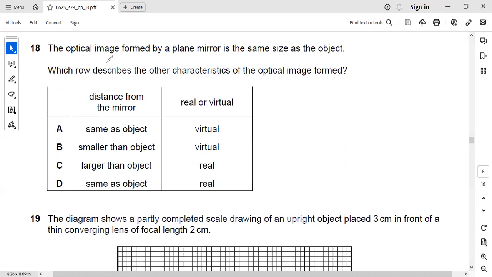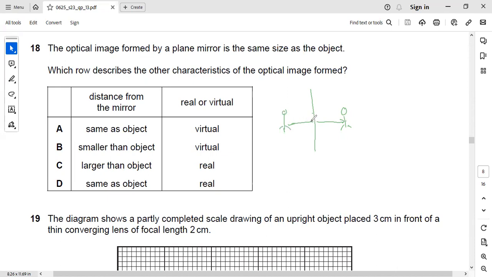Next, the optical image formed by a plane mirror is the same size as the object. Which row describes the other characteristics of the optical image formed? So here one plane mirror is there, and an object is there. The distance from the mirror is the same for both object and image.